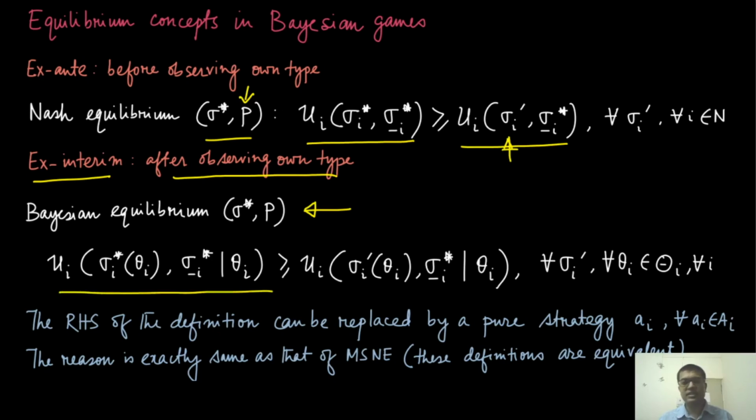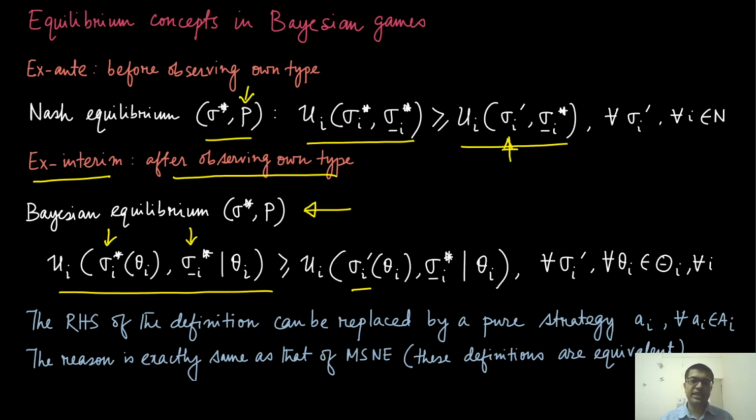So we know that this is the utility expression for player i when player i is choosing σ_i* and other players are also choosing σ_-i*. The utility here has to be at least as much as the utility when agent i is moving to σ_i'. So it is a unilateral deviation only for player i, and that is not going to give them any better utility.